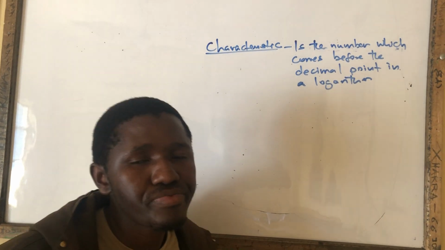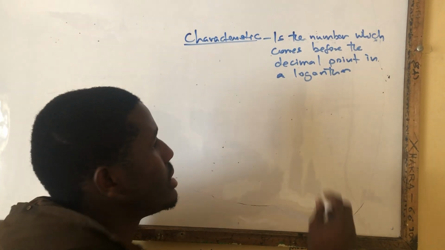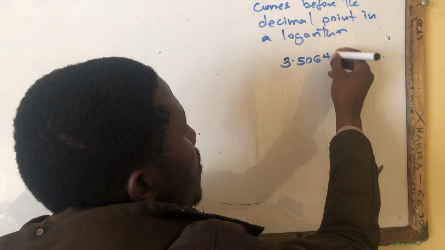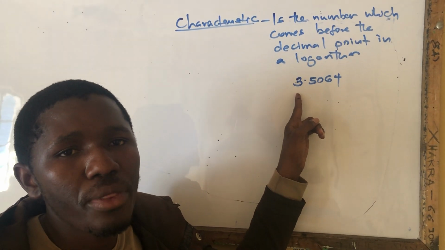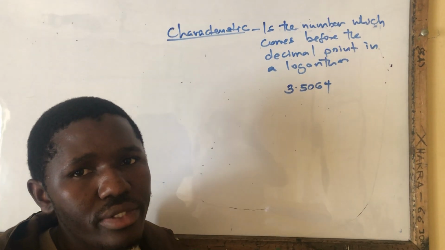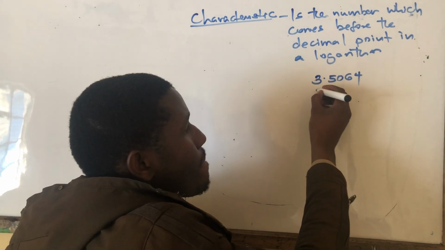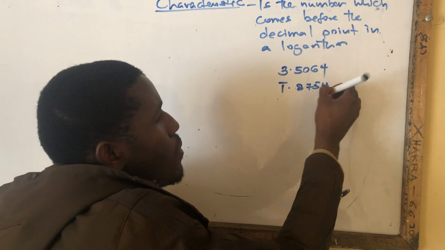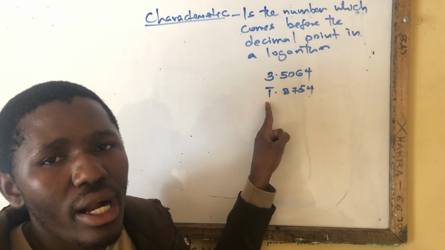For instance, if you find the log of a number and obtain 3.5064, the figure 3, which comes before the decimal point, is what we refer to as the characteristic. Another example, should you find the log of a number and obtain bar 1.8754, the bar 1 is again the characteristic.